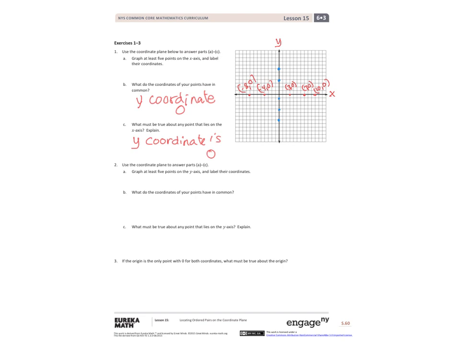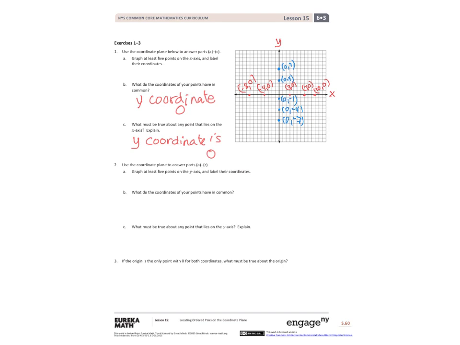So 0, 1, 2, 3, 4, 0, 4, 5, 6, 7, so 0, 7. Now I'm going to go 0, negative 1, and then 1, 2, 3, 4, 0, negative 4, and then 4, 5, 6, 7, 0, negative 7. I hope you can read those.